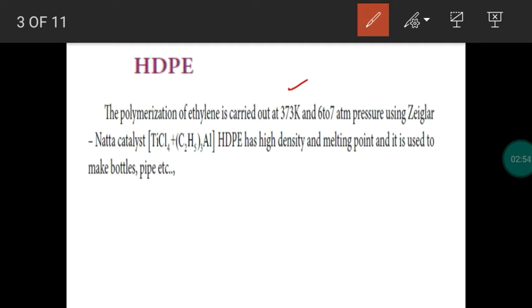In high density polyethylene preparation we use Ziegler-Natta catalyst. This we already studied. Ziegler-Natta catalyst is a mixture of titanium tetrachloride and triethyl aluminum. So we get high density polythene. It has more density and a higher melting point. It can be used to make bottles, pipes and so on.